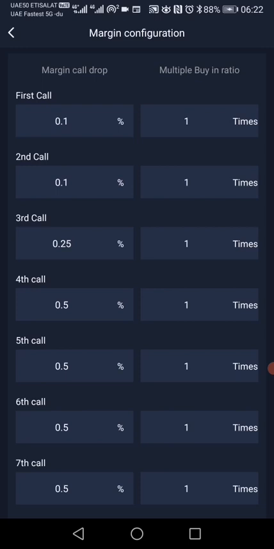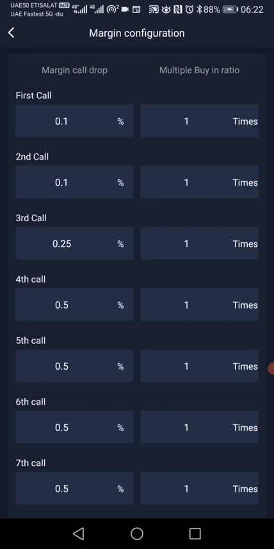The margin call drop just means the percentage at which the price will drop before the robot buys for you, while the multiple buy-in ratio is the number of times you want the robot to buy at every drop. For me, I always prefer to put 1 all the way down. What it simply means is that anytime the drop is achieved, buy 1 time for me.